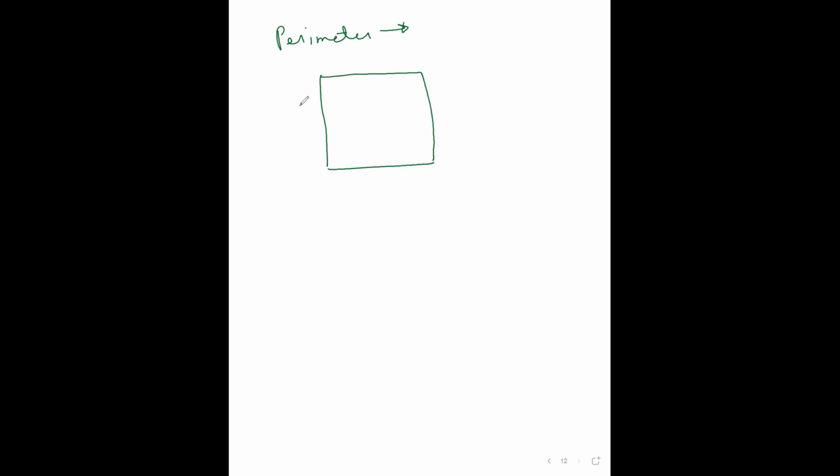So just imagine a small square whose length of the side, one side, is 2 meters. What will its perimeter be? What will the length of its boundary be? 2 meters. 2 meters is the side. I am asking you the perimeter.